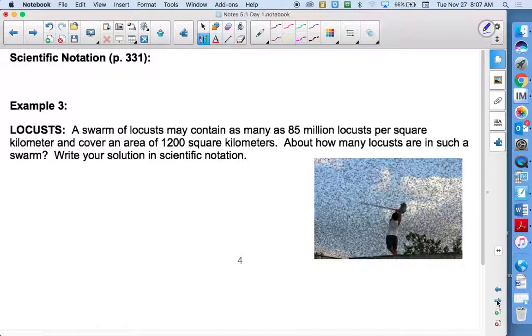So the last problem here, it talks about a little bit of review of scientific notation. Does anybody remember what scientific notation looks like? How do you write it? What does it mean for scientific notation? Connor?